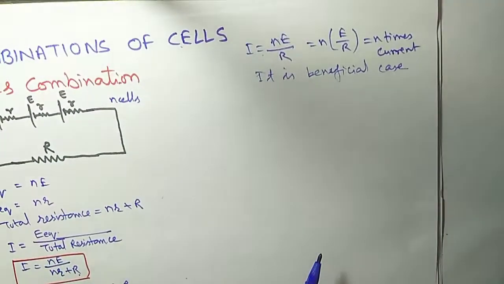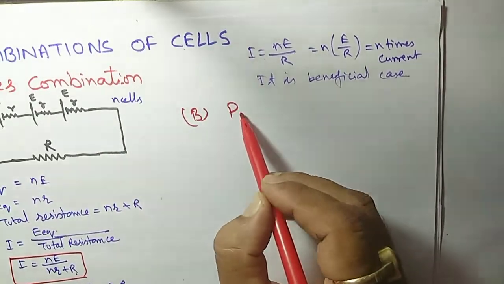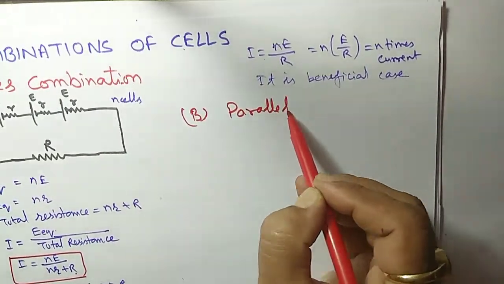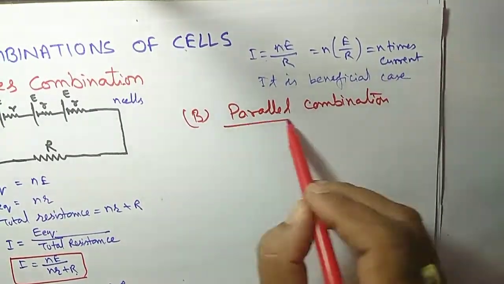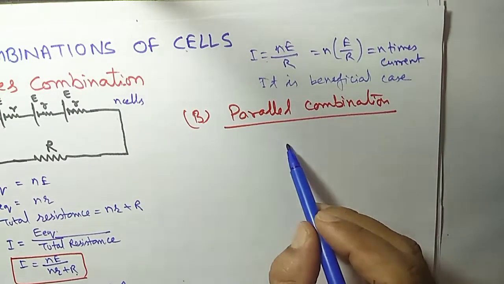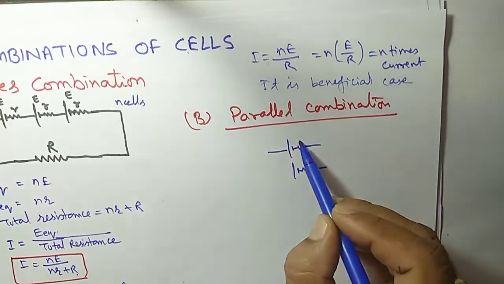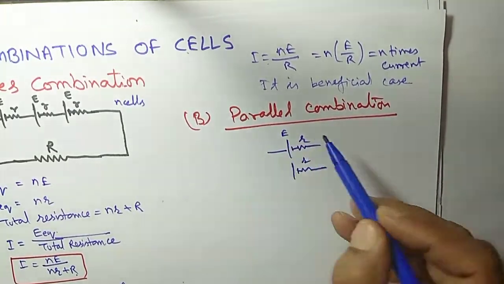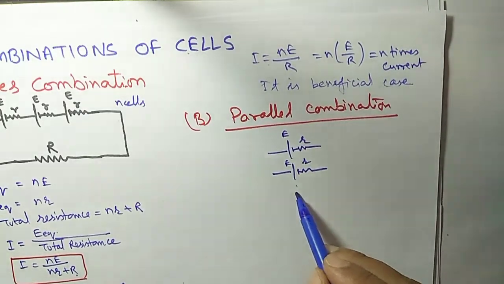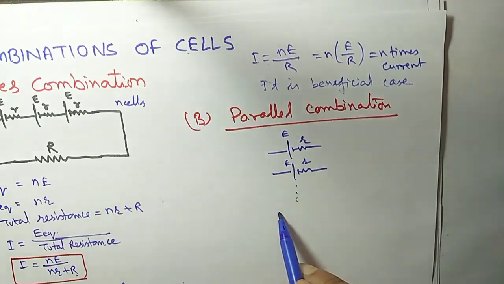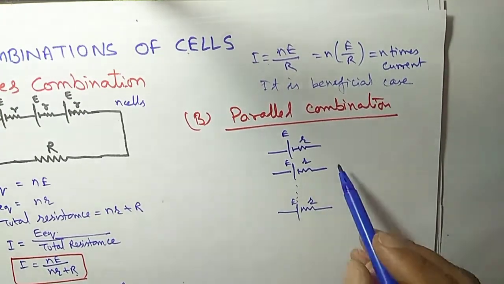Now coming to the parallel combination. See what is the B part we are taking here, the parallel combination. In parallel combination, see the circuit: suppose the internal resistance is r and the EMF of each cell is capital E. Suppose n cells are there, connected in parallel.